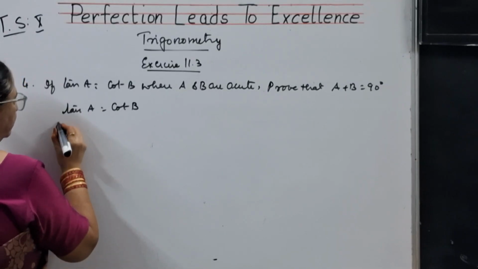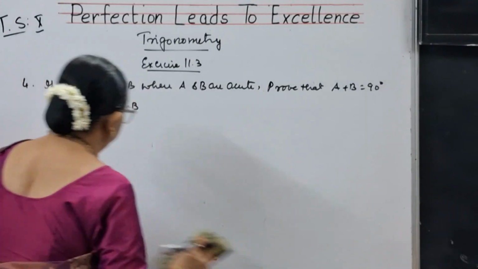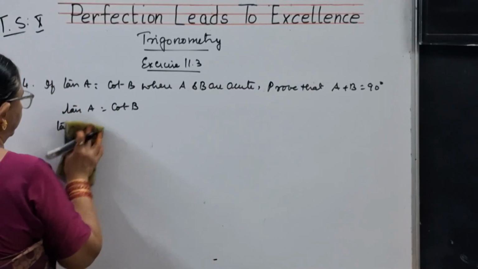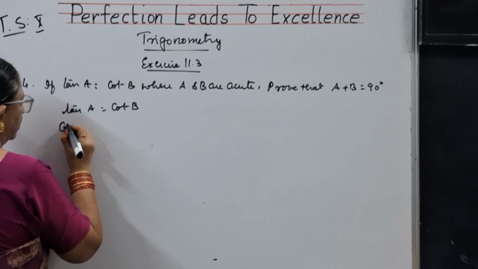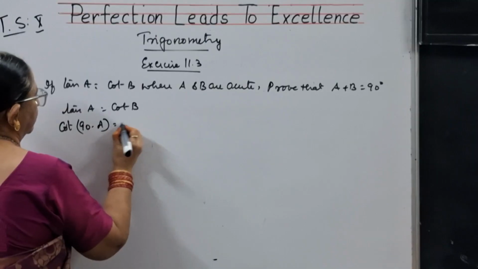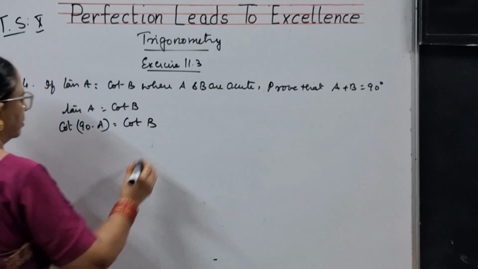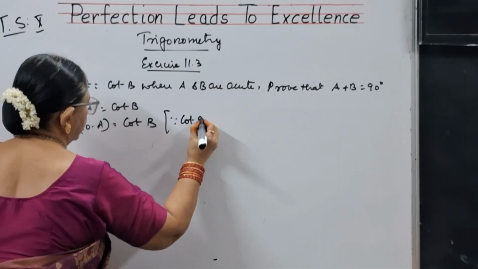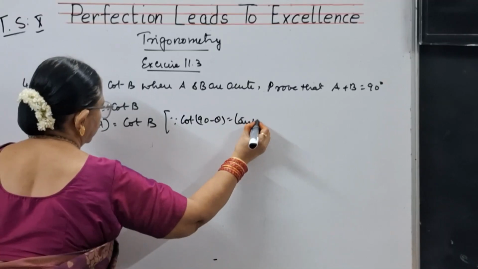Tan A can be written as cot 90 minus A. Already we have done it in the earlier problem, children. Tan A can be written as cot 90 minus A, which is equal to cot B, because cot 90 minus theta is equal to tan theta.